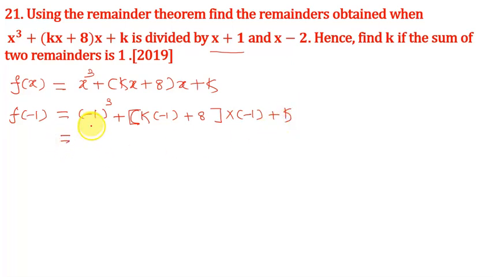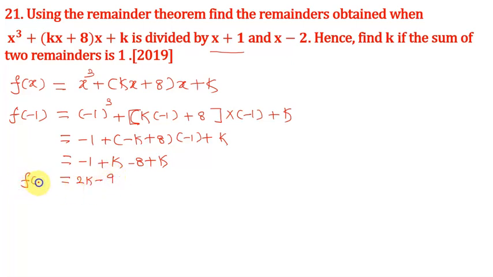Simplification: minus 1 plus in bracket minus k plus 8 into minus 1 plus k. Next simplification: minus 1 into minus k is plus k, minus 1 into 8 is minus 8 plus k, and finally you will have 2k minus 9. Okay, this is f of minus 1.